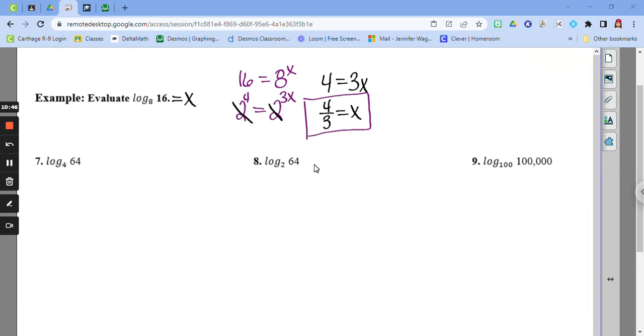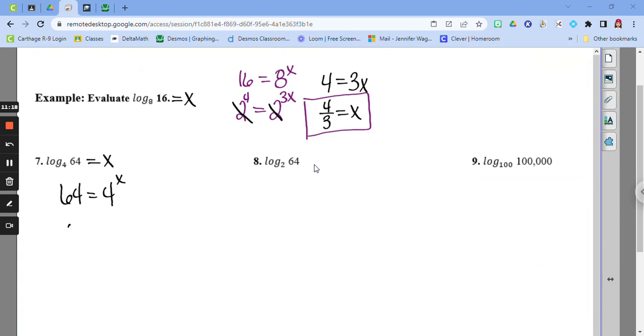So if we look at number 7. First thing to figure out that value for x, rewrite it as an exponential equation. 64 equals 4 to the x. What base do I want to use here? We can use 2.